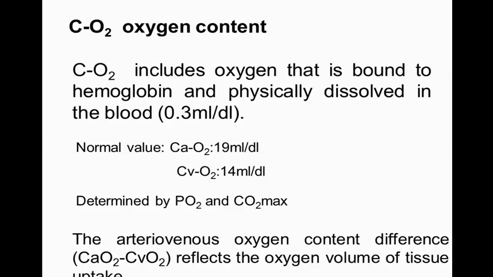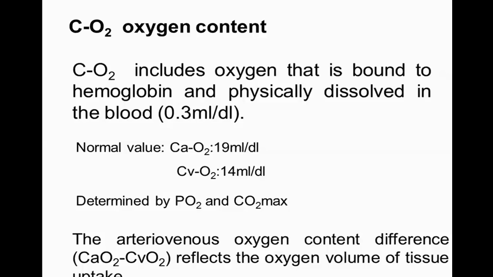Without this, oxygen will not reach the hemoglobin, as oxygen will not jump from the alveoli to the hemoglobin. It must pass to the plasma, dissolve, and be carried onto the hemoglobin by the gradient. And the CO2 max is considered about the hemoglobin. It's the maximum.